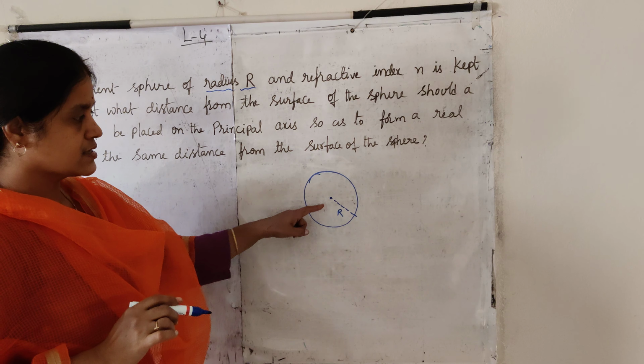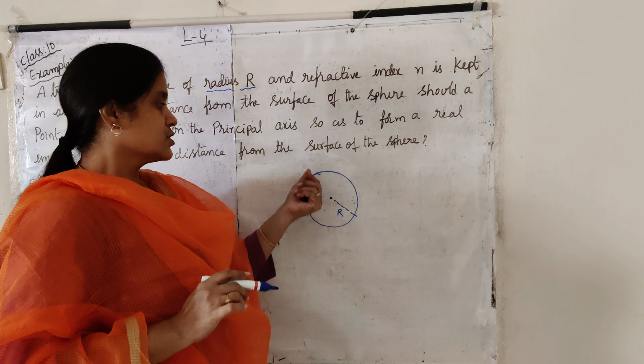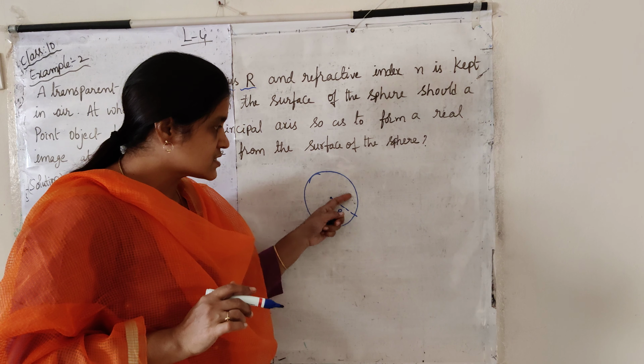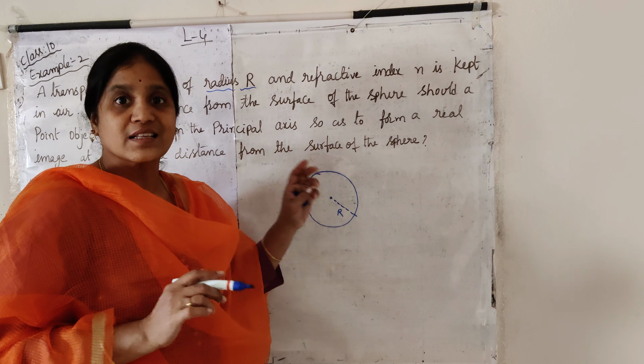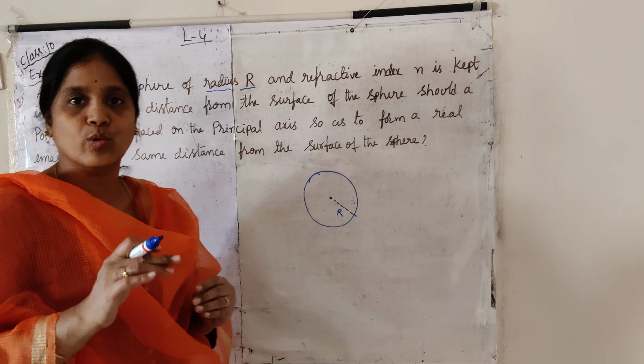The sphere has the radius r and a refractive index. When light falls and travels into this transparent material, the speed of light compared with the vacuum is what we call the refractive index.